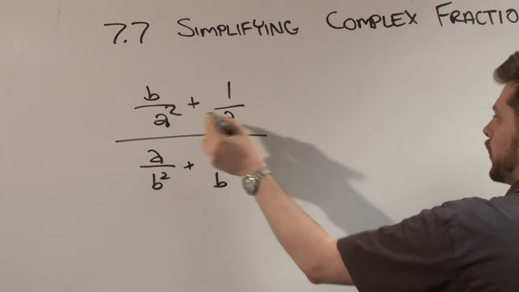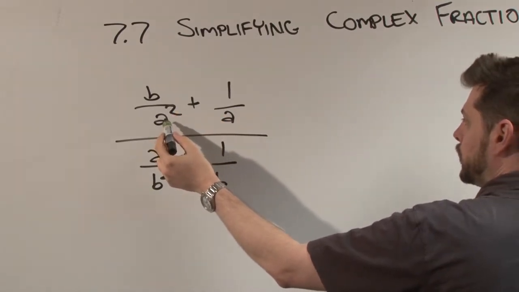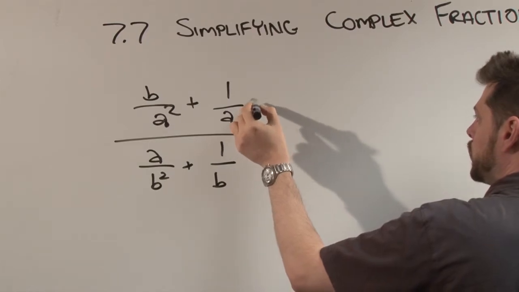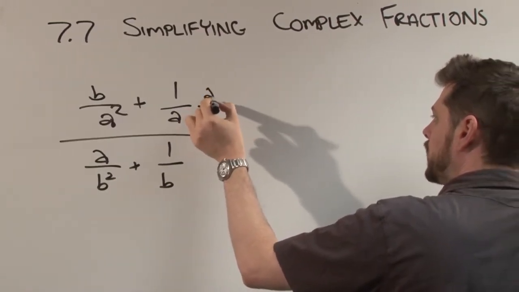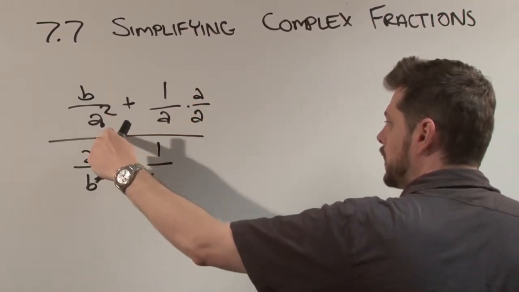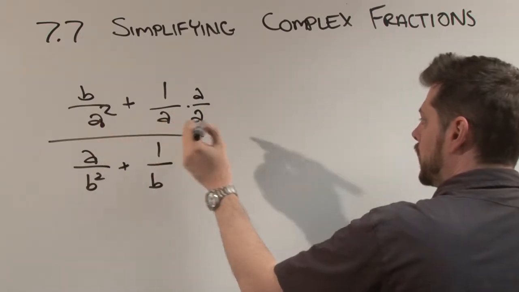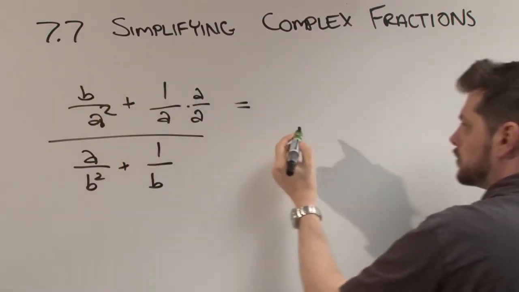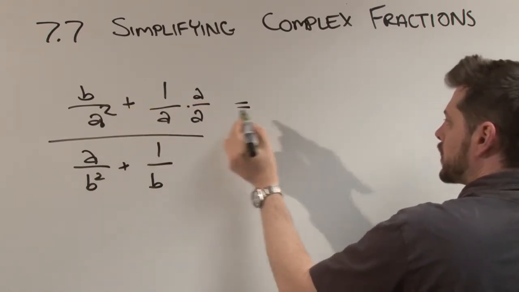All right? Well, the common denominator between a squared and a is going to be a squared. So I'm going to multiply the second term by a over a so that I get the same denominator in my top fraction.